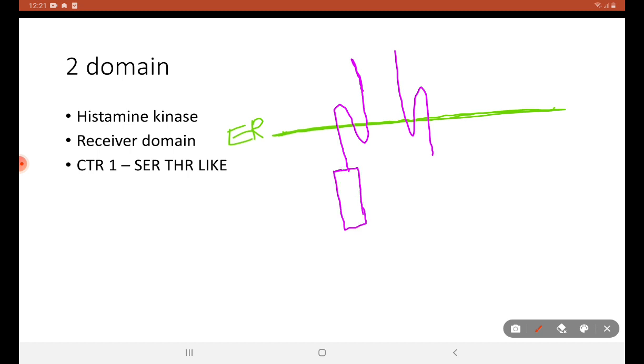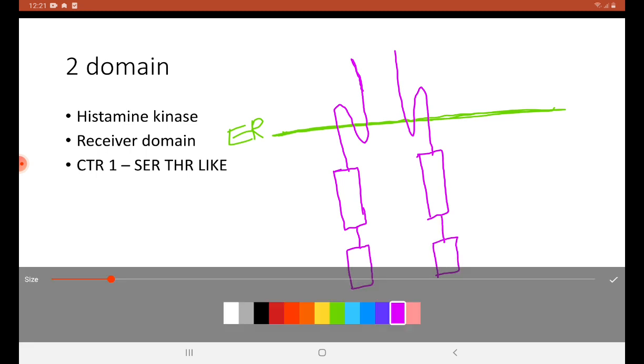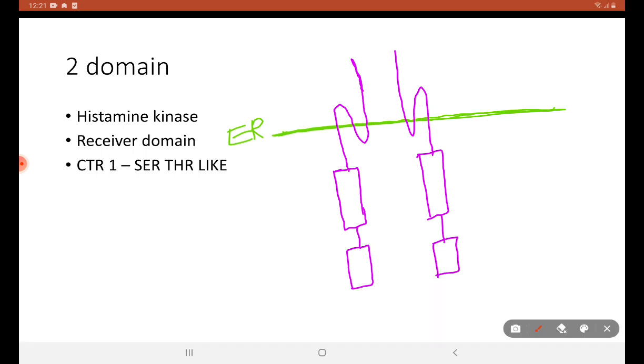It has a histidine kinase domain and a receiver domain. They have disulfide bridges and they also have copper.